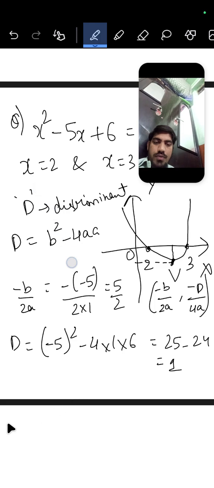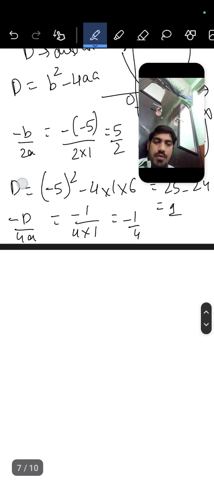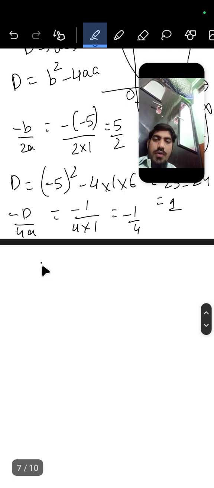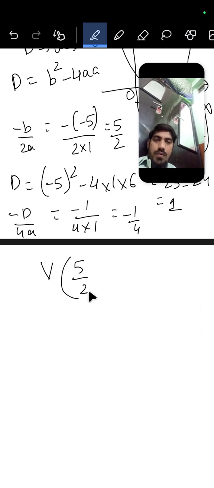So minus d by 4a will be minus 1 by 4 into 1, which is minus 1 by 4. So the coordinates of this vertex will be 5 by 2 comma minus 1 by 4.